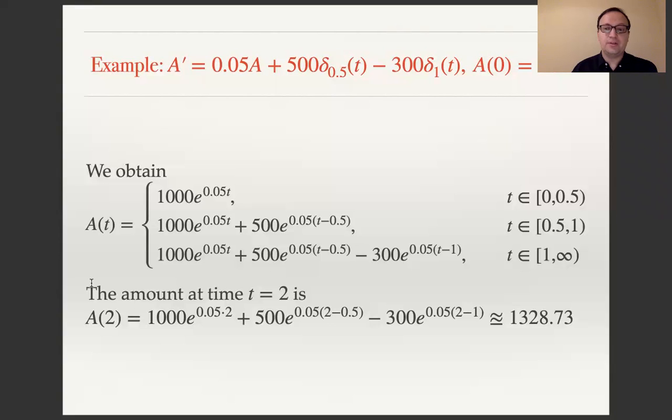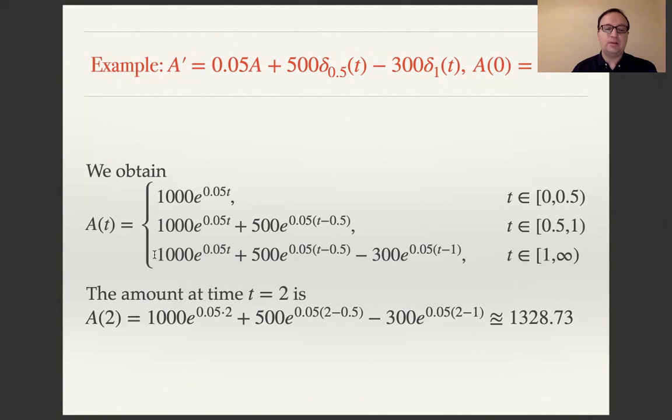Our original question was, what is the amount of money in the account after 2 years? So this means we are trying to compute A of 2. If we look at the formula, then 2 is in the interval 1 to infinity, so we should use the third formula.